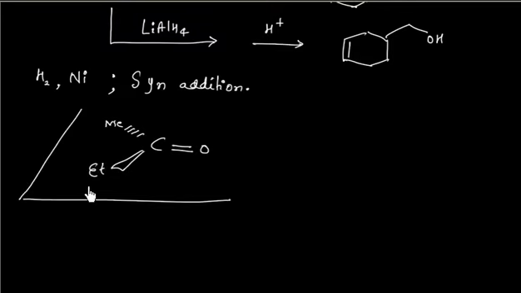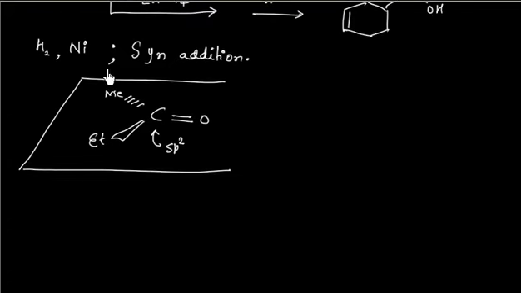This molecule is planar because this carbon is sp2 hybridized. Now we have to add hydrogen and hydrogen on C double bond O. Now there are two possibilities.